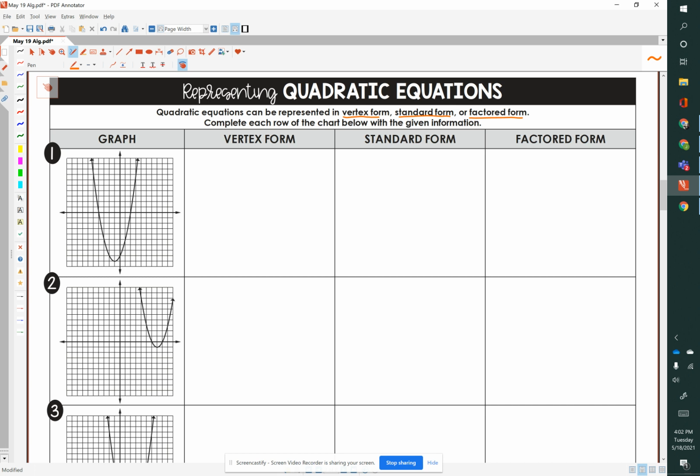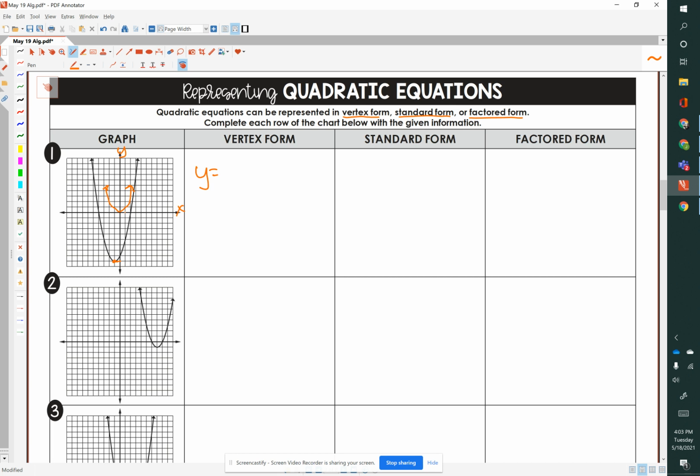Looking at this graph, remember the standard form of a quadratic is this, and then we have transformations that change the quadratic. This quadratic has been shifted from the y-axis to the left by 1.